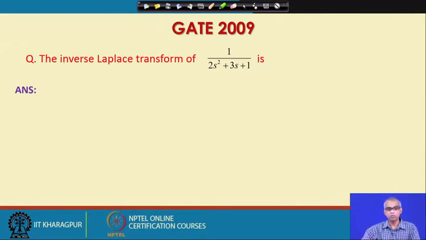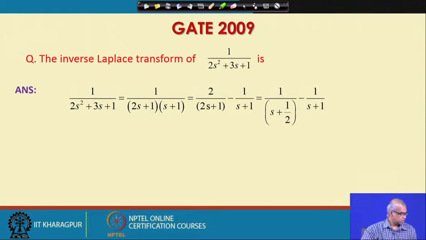Another question from GATE 2009. The inverse Laplace transform of 1 by (2s square plus 3s plus 1) is, so you need to find the inverse Laplace transformation of 1 by (2s square plus 3s plus 1).